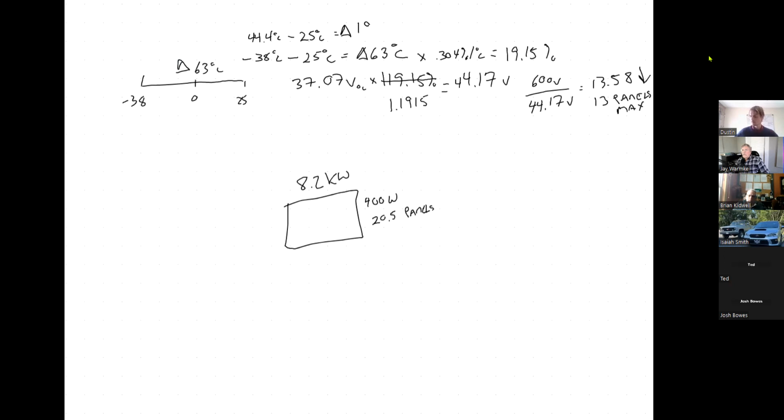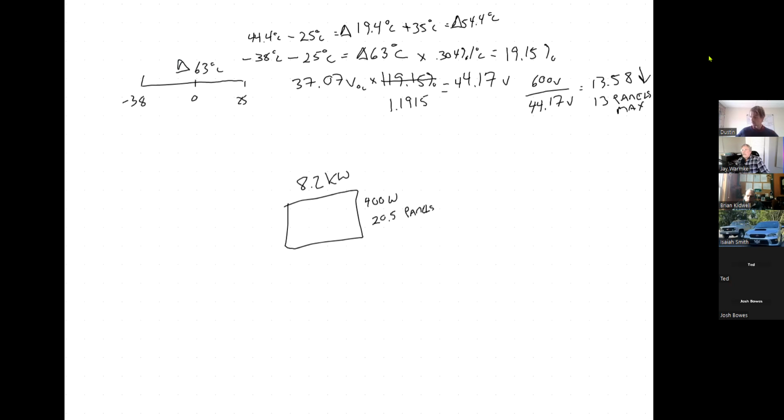But we have to figure out if it's a ground mounted system, we add 25. If it's a rooftop ballasted system, we add 30 degrees. And if it's flush to roof, we add 35 degrees because it's hotter on the roof. Well, we decided this is flush to roof, so I'm going to add 35 degrees Celsius to that. So now we've got 54.4. That's now our temperature delta.